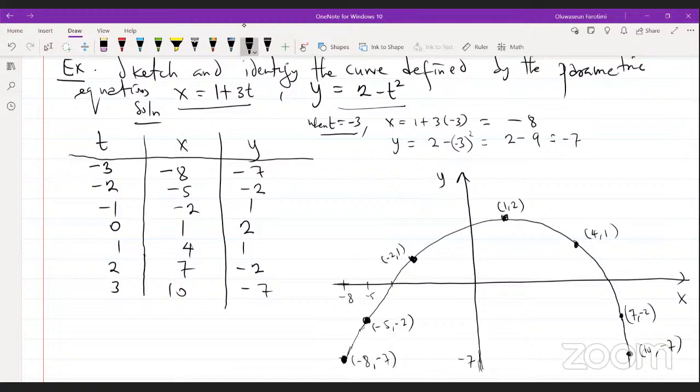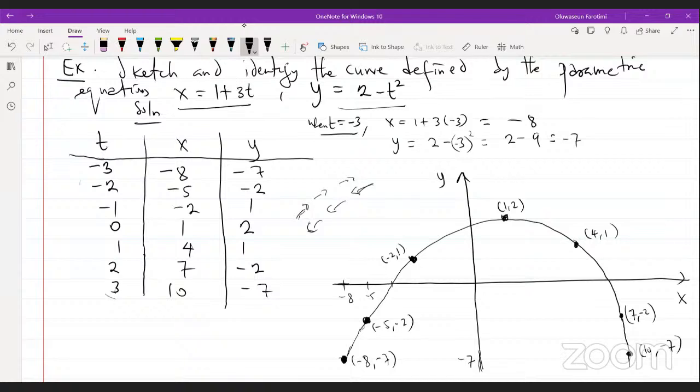Remember, we need the arrows, because we're dealing in t. There's a change with respect to time. So there are two possibilities: either my arrows are going upward, or they are reverting. So we need to determine whether they are ascending or descending. Now, how do I do that? I'm going to come back here. I'm going from -3 to 3, right?